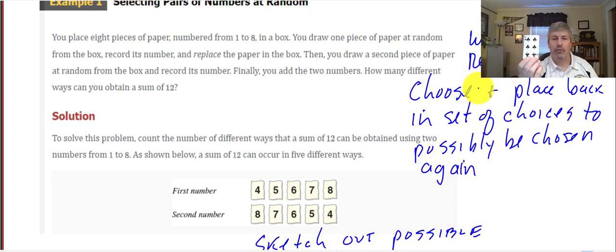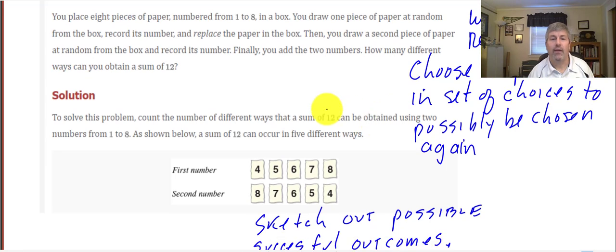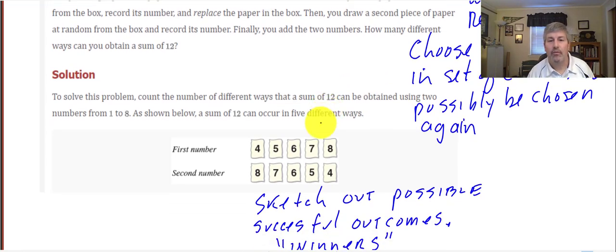Now these two I picked up aren't a sum of 12, but the fact that I picked up the 6 is important, because with replacement means that I could choose a 6 with my first choice and then choose a 6 again with my second choice. In this scenario with replacement, I can choose 6 twice, and that would be part of my sample set or my solution that would add up to 12.